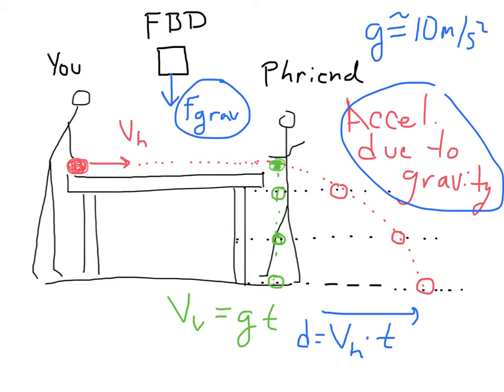So let's go and take a look at an example just to tie this all together. So let's just draw this out again. And so for an object that's falling, let's again just say that we've got a cliff or a tabletop, and let's just say that you roll something off up here, and so you give it this horizontal velocity that it starts with.